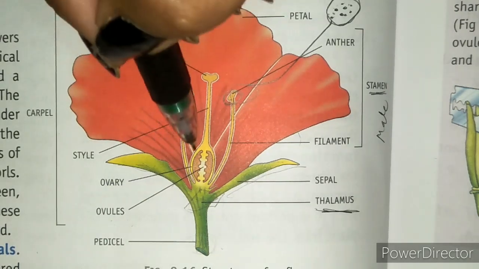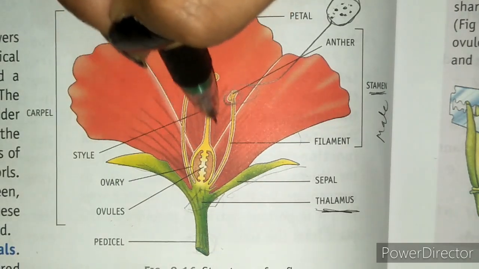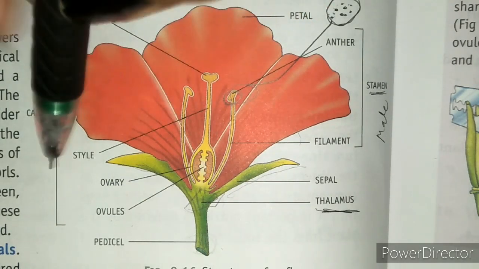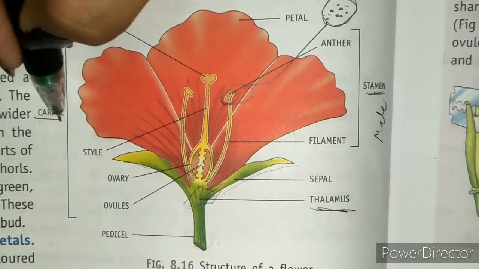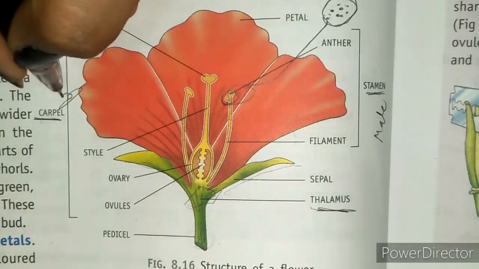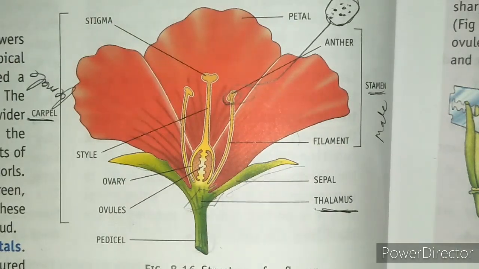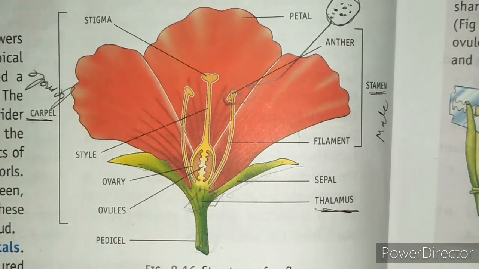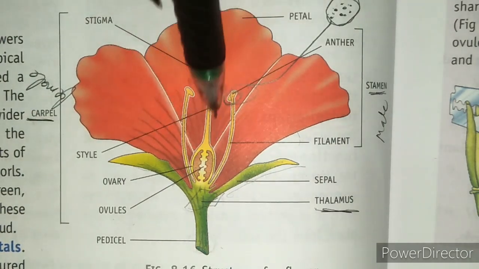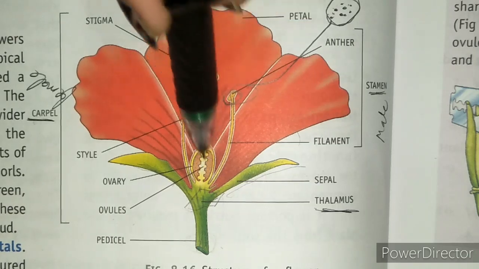And the next part we have is this one. Look at this carefully. This is called carpel. Carpel is a female part, and there are three main parts in this whole carpel. It is divided into three parts.